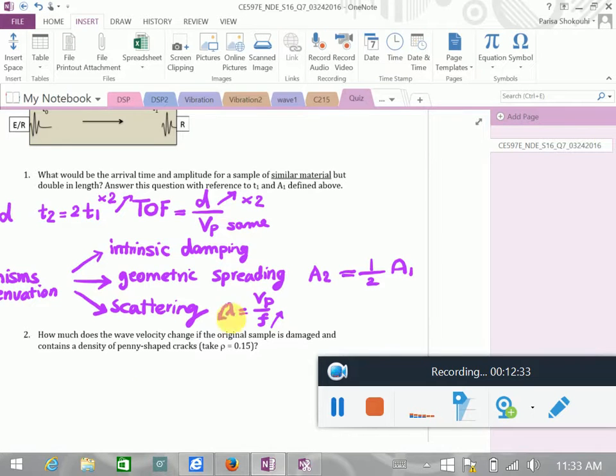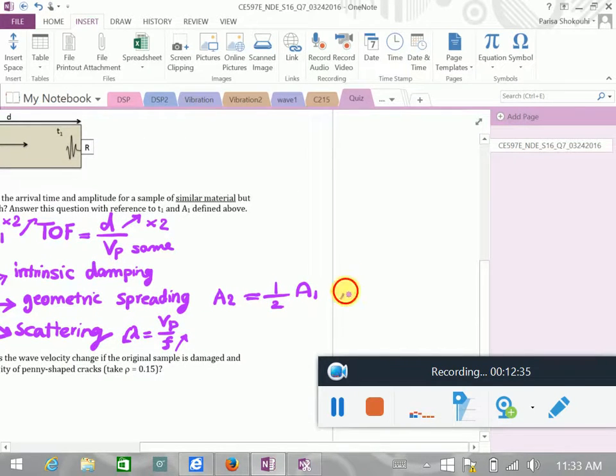So at the end, we expect to see that A2 would be smaller, probably much smaller than 1/2 of A1. Now, quantification of those two is another matter, so we don't want to spend time on it now, but this is what it is. This is a good review of what we were talking about last time.